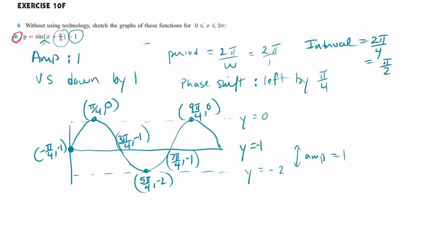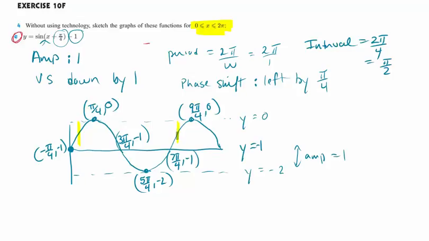Now, the question only wants us to graph from 0 to 2 pi. So from 0, well, that's halfway in between negative pi over 4 and pi over 4. So it's about here. And 2 pi is the same as 8 pi over 4.